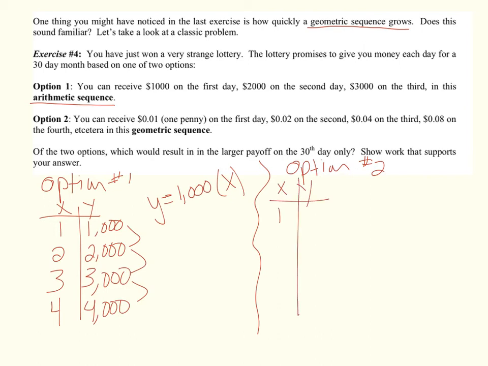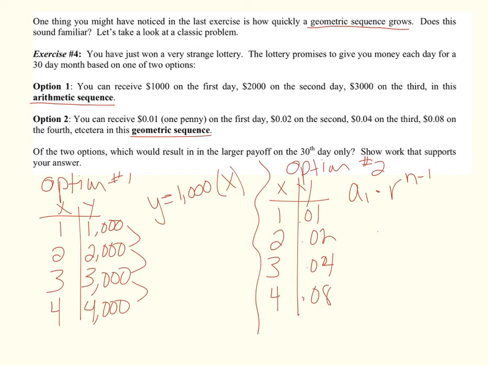1 would be 0.01, 2 would be 0.02, 3 would be 0.04, because I'm doubling each time, right? I notice that I'm doubling each time, 0.08. And this is a geometric sequence. So if I took that geometric formula that I just taught you, a sub 1 times my rate raised to the n minus 1 power, what is a sub 1 going to be?